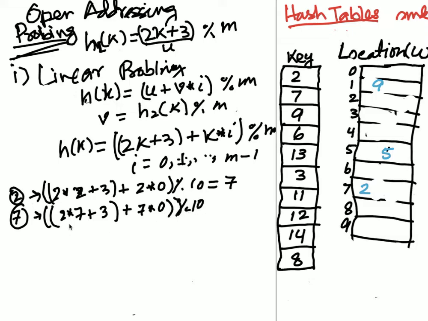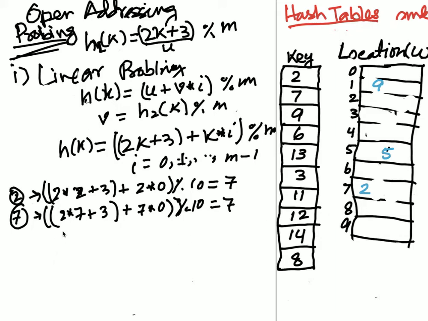That is 17 modulus 10, equal to 7. As we see that position 7 is occupied, we will look for the next available position.